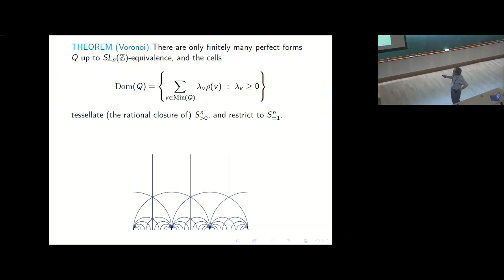So you've got cells here, that's the fundamental domain. But it's not a CW structure, because in CW structures the cells have to be homeomorphic to a ball, and this isn't compact. This is a non-compact cell. It goes off to infinity. But we can get around that problem by just adding in the points at infinity, cusps.